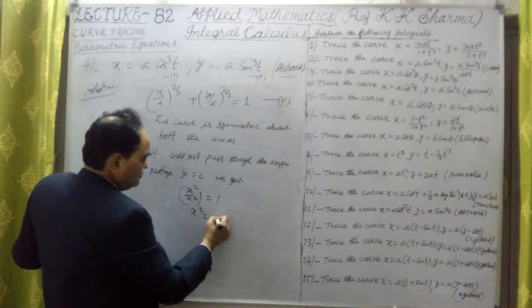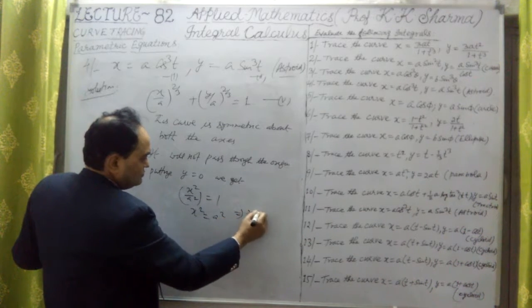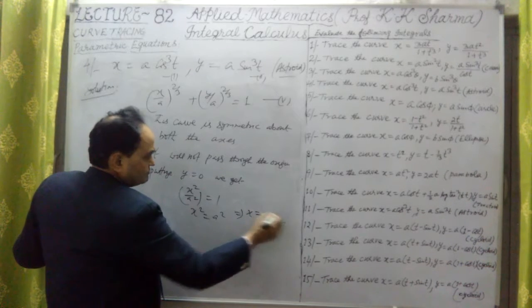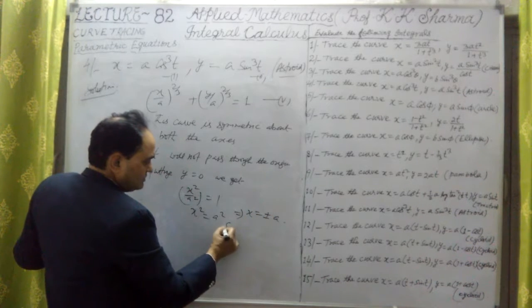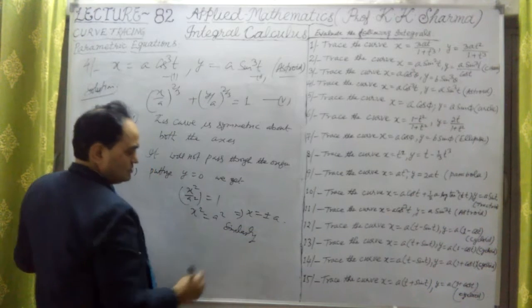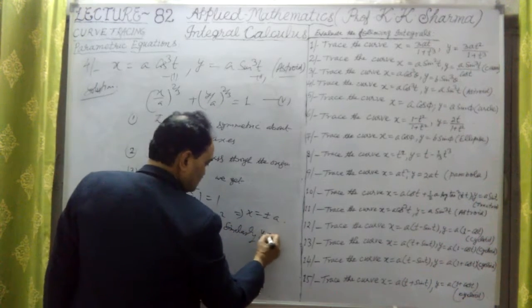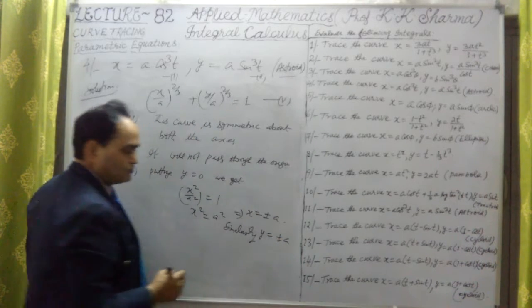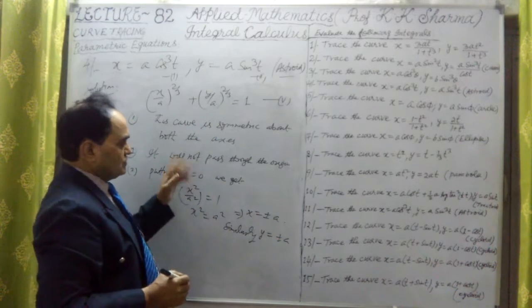So x square equal to a square, which implies that again x equal to plus minus a. Similarly, y is equal to plus minus a by putting x equal to 0.